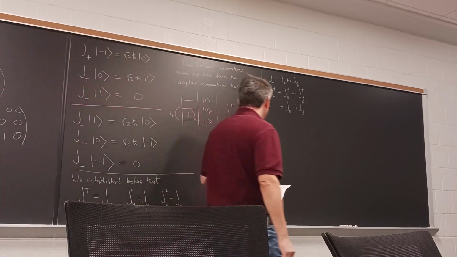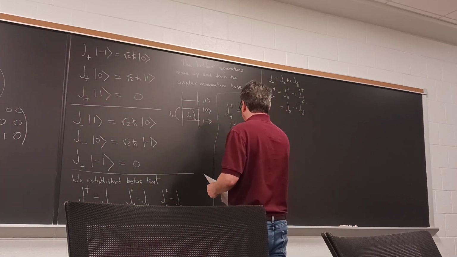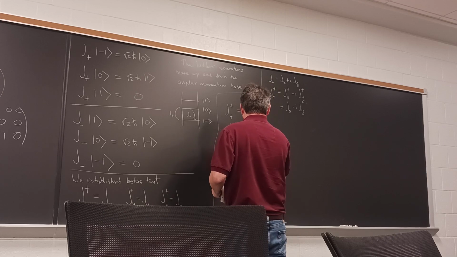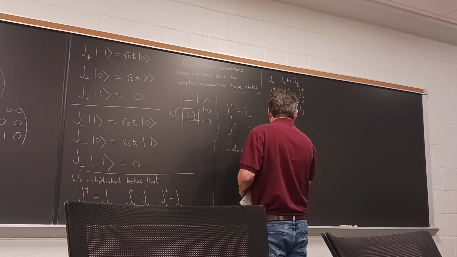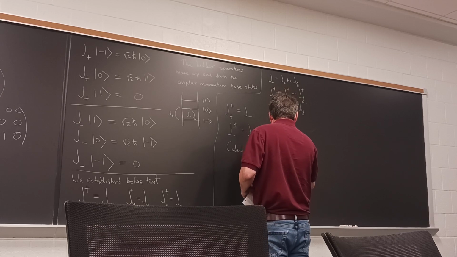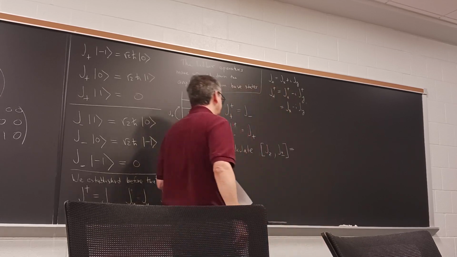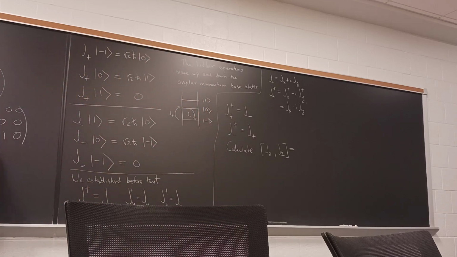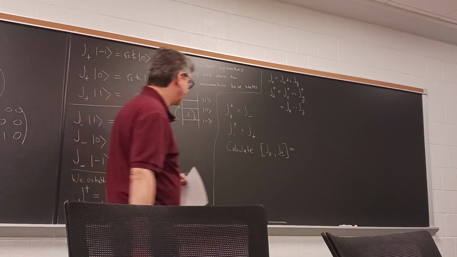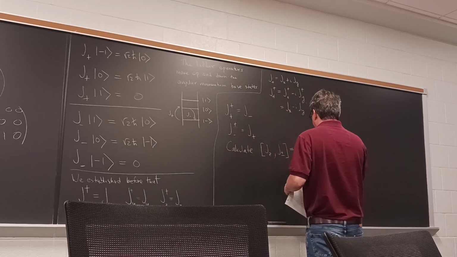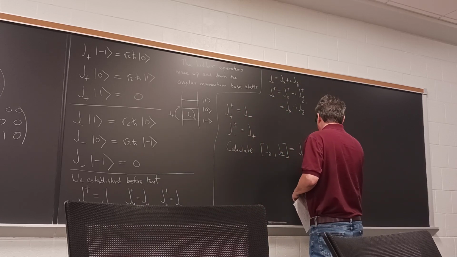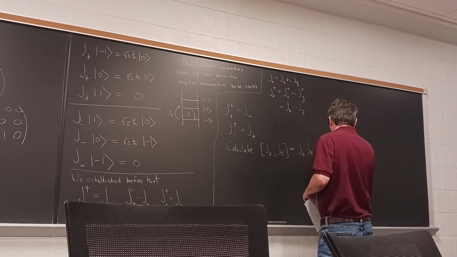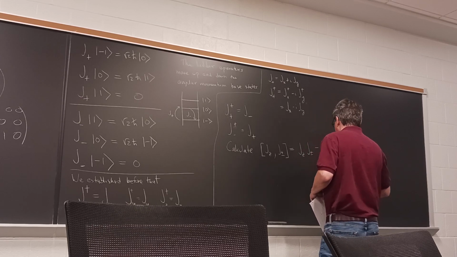Okay. And now let's calculate the commutation relation between Jz and J plus minus. So this is going to be Jz, J plus minus, minus J plus minus Jz.